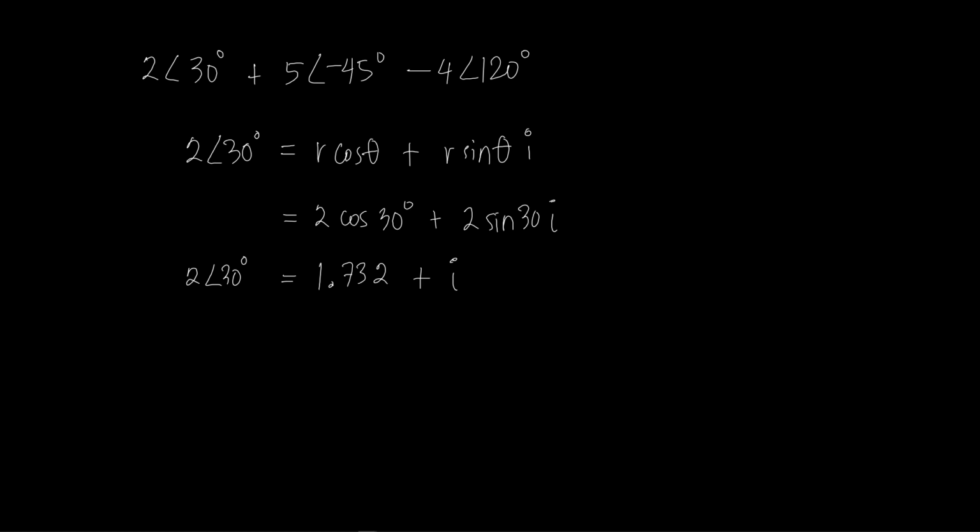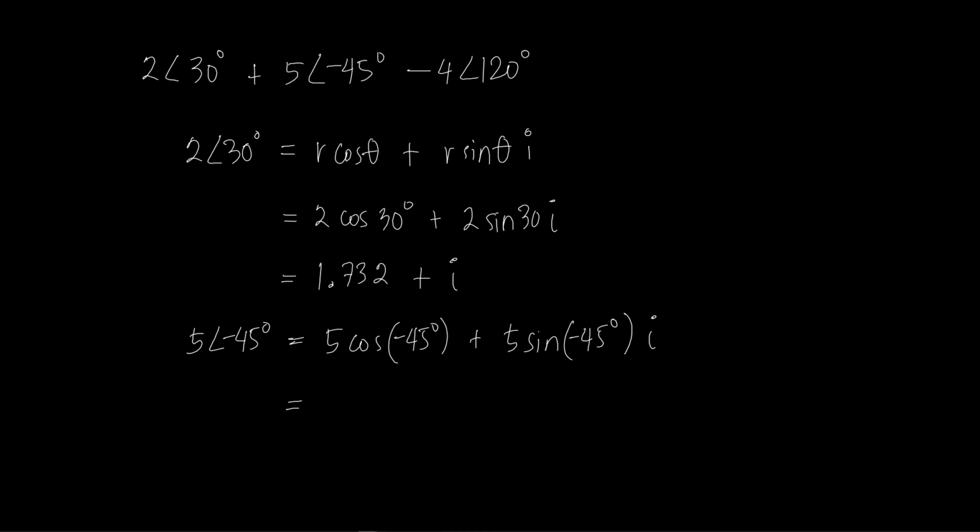Yes, sir. Okay. Next is to convert 5 angle negative 45. We have 5 cosine negative 45 degrees plus 5 sine negative 45 degrees i. What is cosine 45?